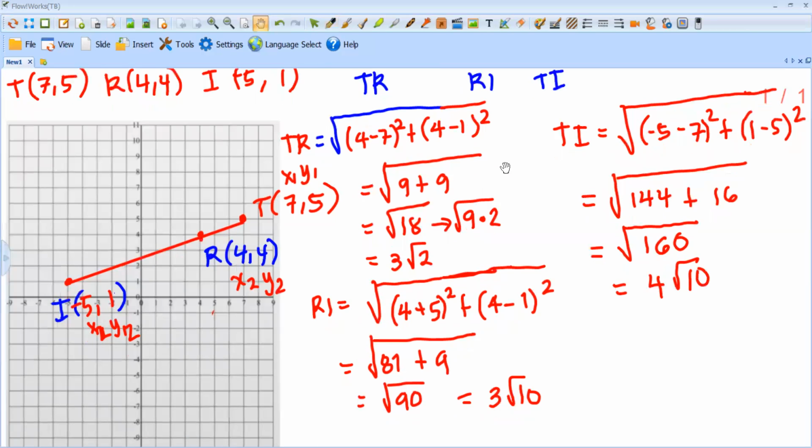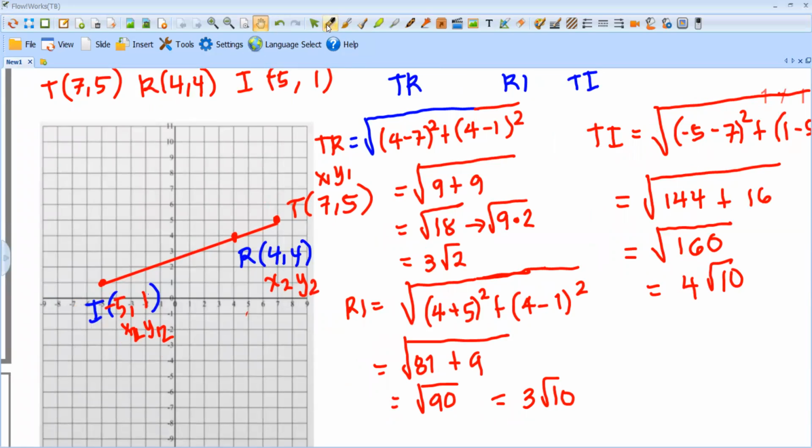So let us see this again. Let's go back to TR. 7 or 4 minus 7 is negative 3, squared is 9. 4 minus 5. There's a mistake here. 4 minus 5 will be negative 1.